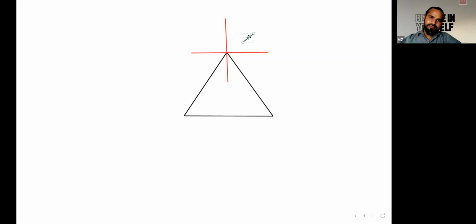You have the force on A due to B along this direction, and the force on A due to C along this direction. So we have to resolve those forces along the x-axis and y-axis. This was your F and this was your F, and the total angle between them is 120 degree. If I draw a horizontal line, it will be 60 degree and 60 degree. So break the components according to that inclination.